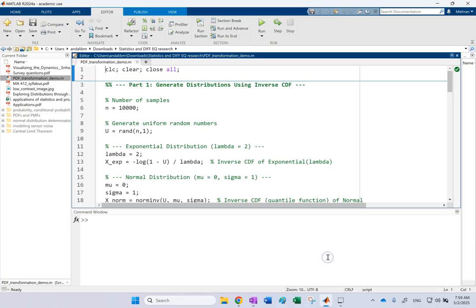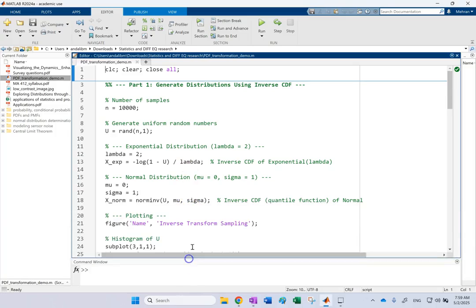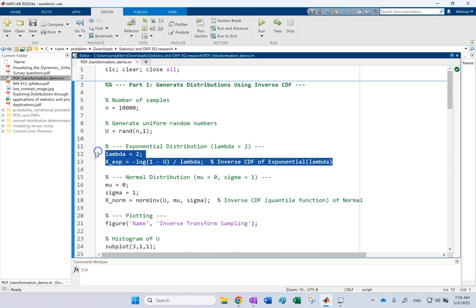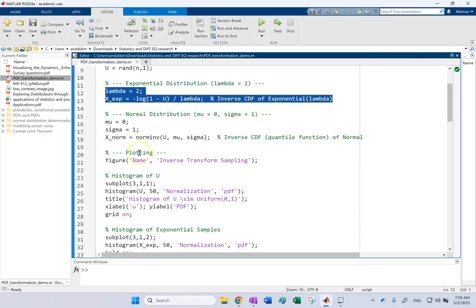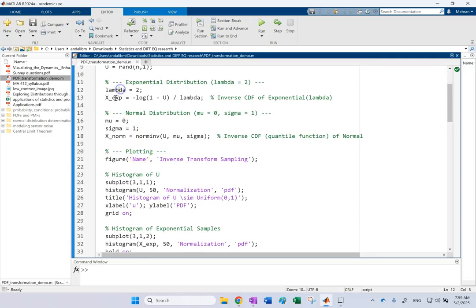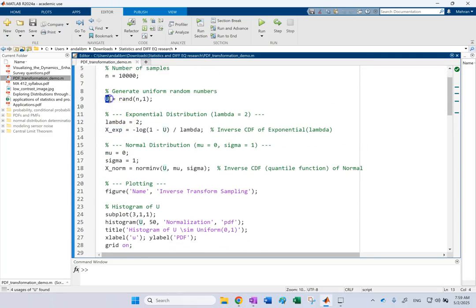So here, let me first show you a demo. So what is the demo here? The demo is, here I generate 10,000 numbers from a uniform distribution between 0 and 1, okay? Then first, I find the inverse CDF function of the exponential, and I apply that function to this u variable.